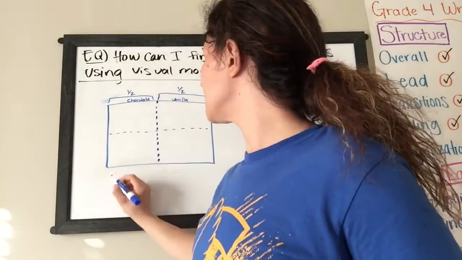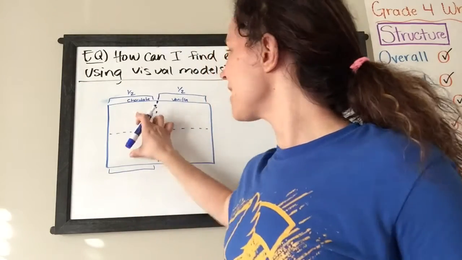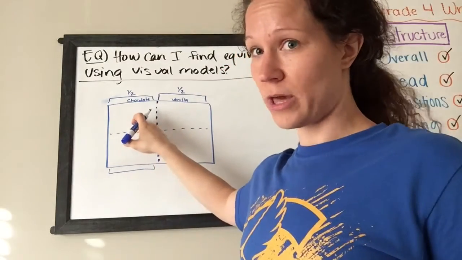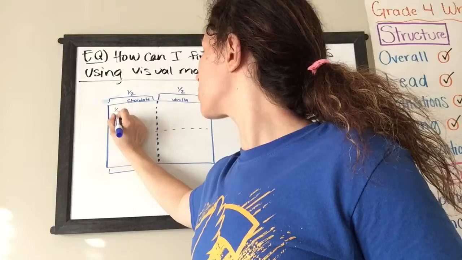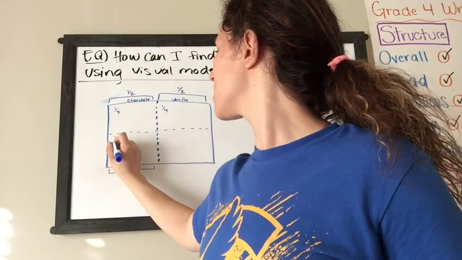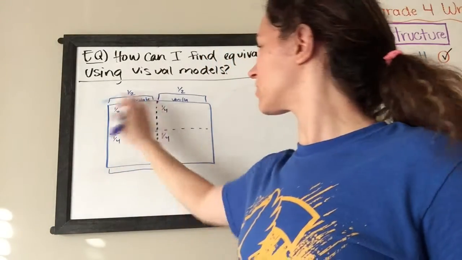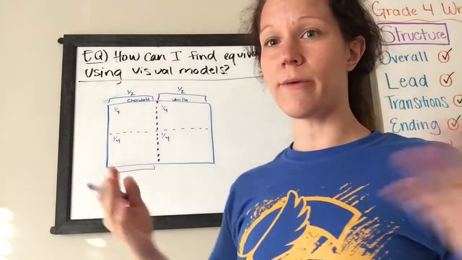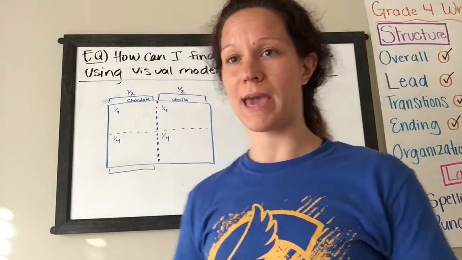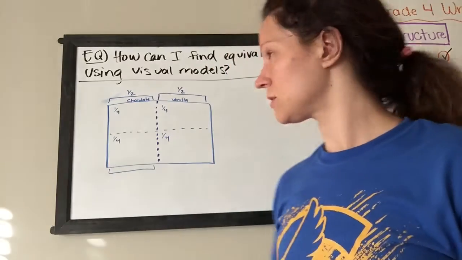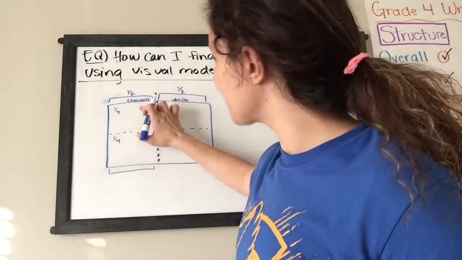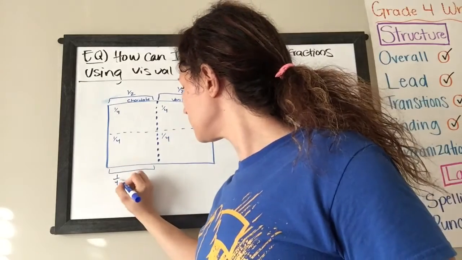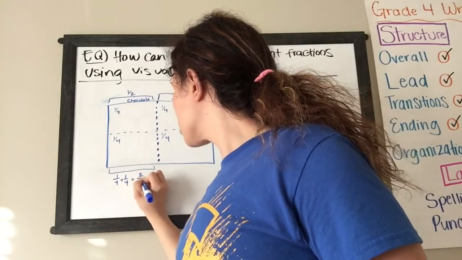So I can clearly see that on this side, chocolate is also, now I have a new unit fraction, which we've learned about. This is 1/4, this is 1/4, this is 1/4, and this is 1/4, giving us 4/4 or our 1 whole. Now, if I look at the chocolate, it was originally 1/2, but when I partition my cake into 4 equal pieces or fourths, now I can see that 1/4 plus 1/4 is equal to 2/4.